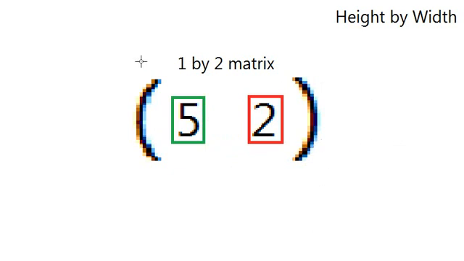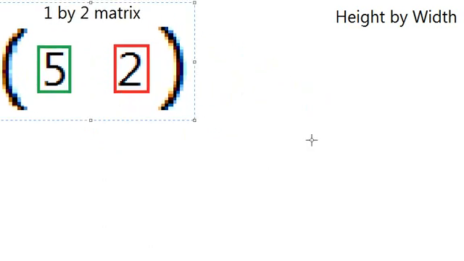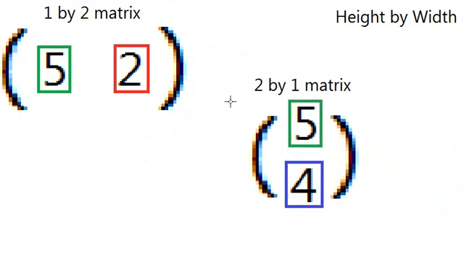Other than this, there is another matrix, which is its reverse, more or less. It's definitely not the kind of reverse you might be thinking of. This is a 2x1: one is a straight, tall one and the other is a wide one.